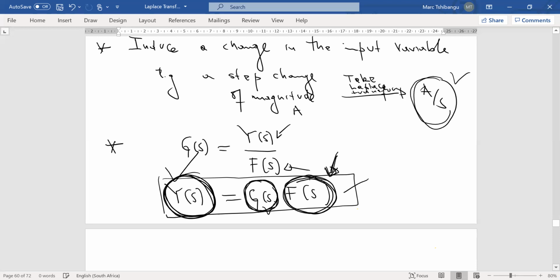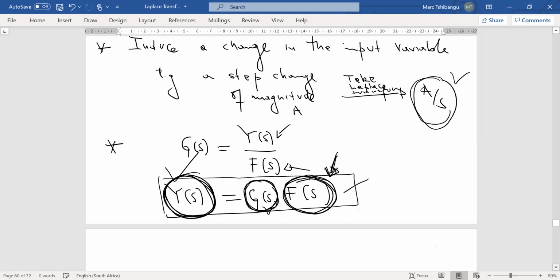Hence, we say the use of a transfer function is to observe the dynamic behavior of a process.